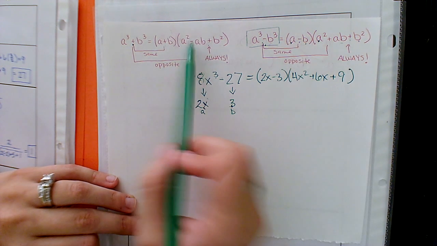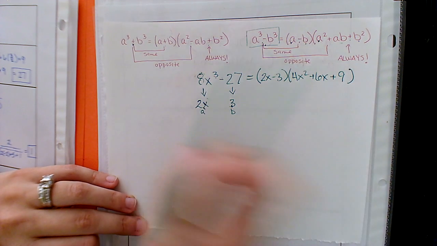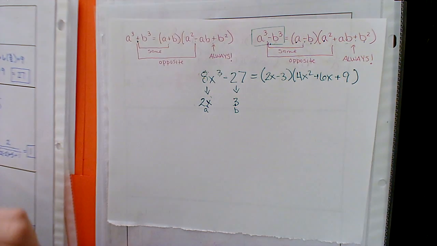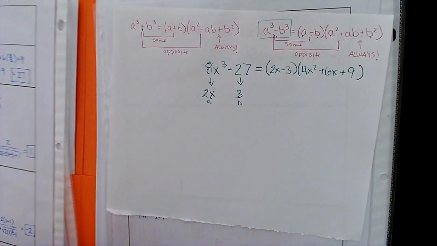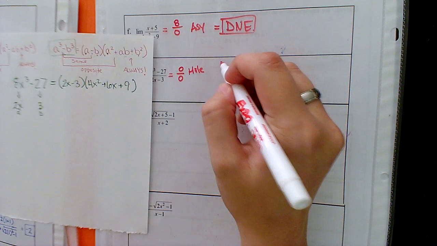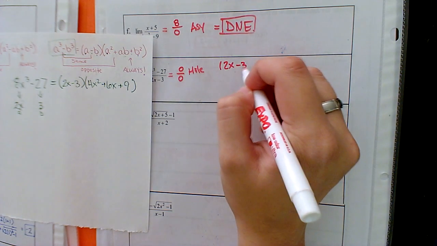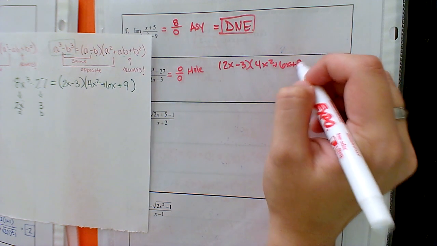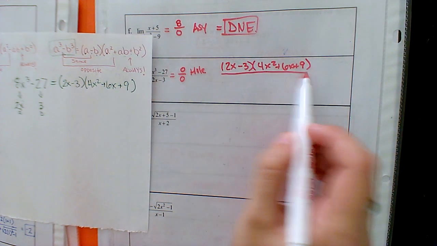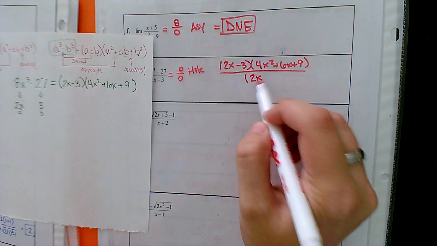The A's and B's don't change. It's just the symbols. So in order to factor 8x cubed minus 27, we're going to go ahead and write this down in our notes. We have 2x minus 3, and then 4x squared plus 6x plus 9. So that's how the top factors.